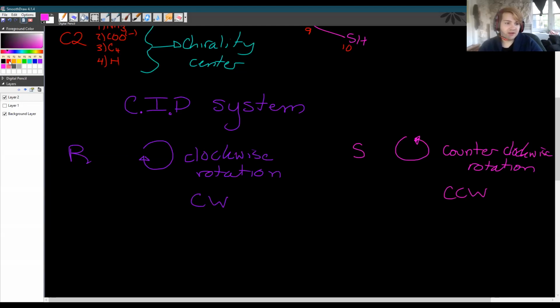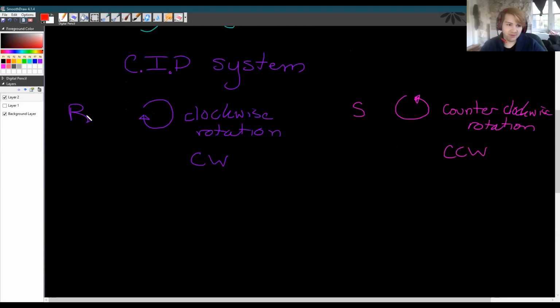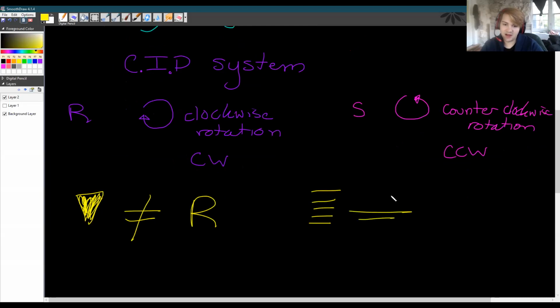And just because I get asked this all the time, and people always assume this is true, okay? Wedge does not mean R, and dash does not mean S, okay? So people ask me this all the time.